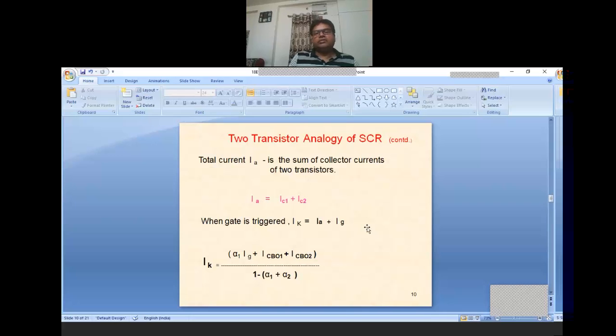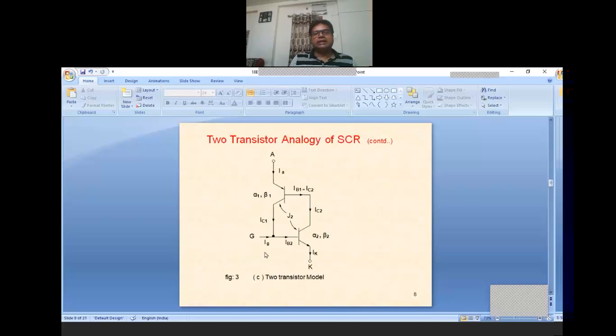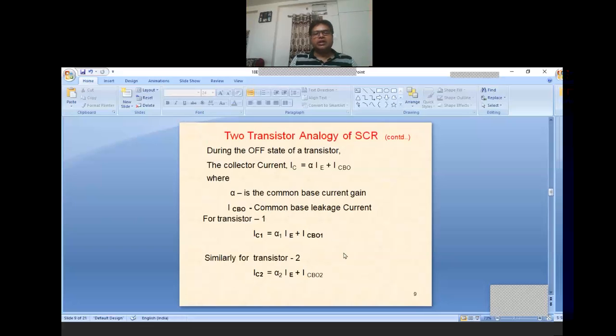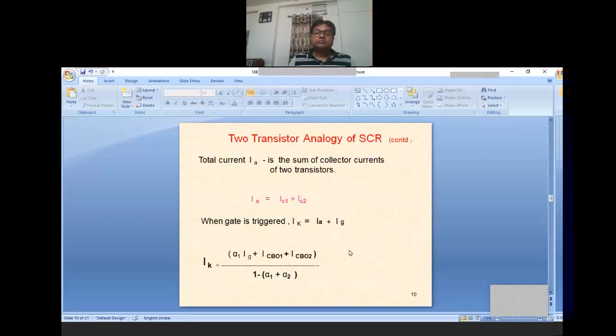And so far, whatever we have discussed is without any gate current entering into the base of the second transistor. We have considered only anode current entering into the first transistor. But if you give a very small triggering pulse between the gate and cathode, that is, gate made positive with respect to cathode, a very small amount of gate current flows into the base of the second transistor, but it will have a large effect.